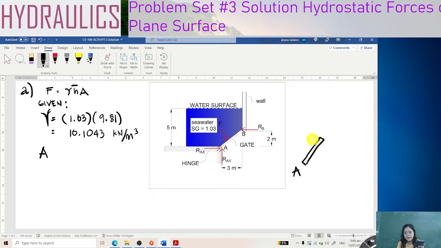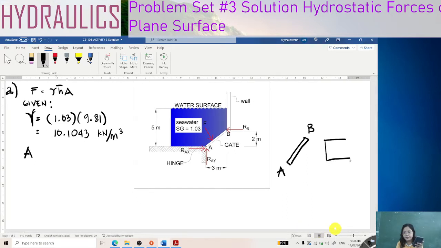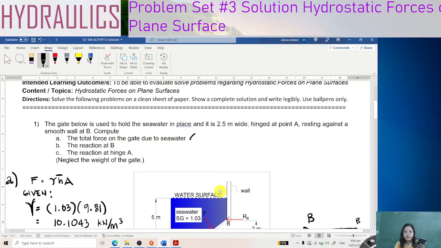So, this is A, this is B. Pero kapag tiningnan mo siya harapan, or yung front view niyan, front view na tong nakikita natin actually sa screen. Pero when we say side view, the itsura of that is like this. So, rectangular gate lang naman yan. So, this is your B, tas ito yung A, top and bottom.